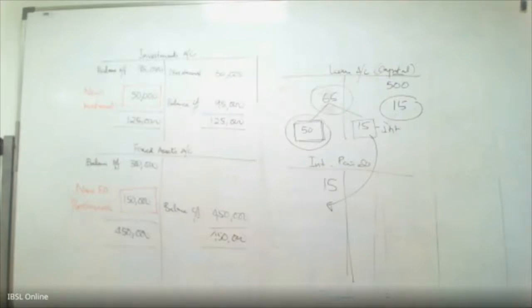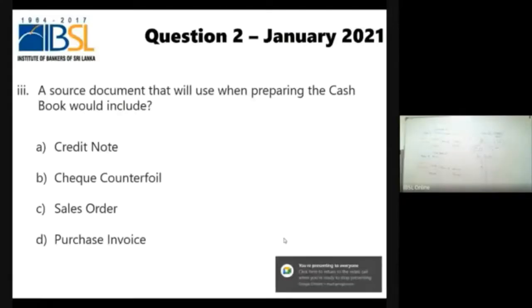Okay. Next one. A source document that you will use when preparing the cash book. Which one?